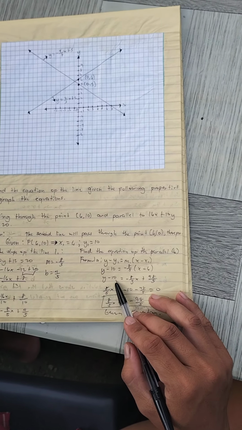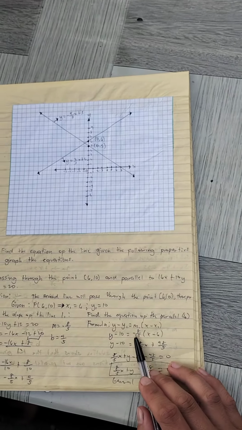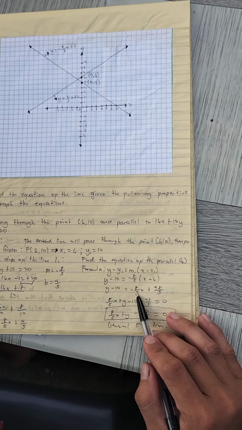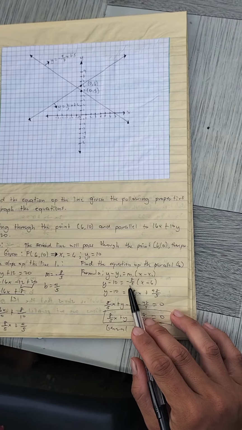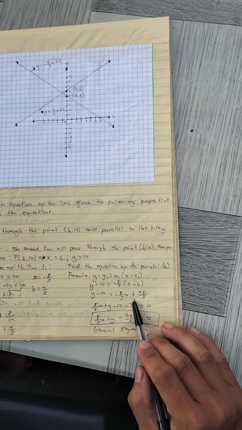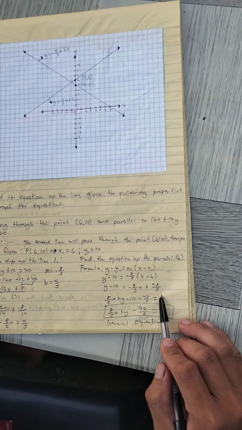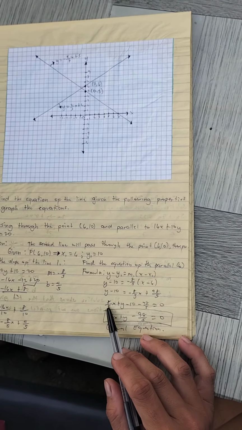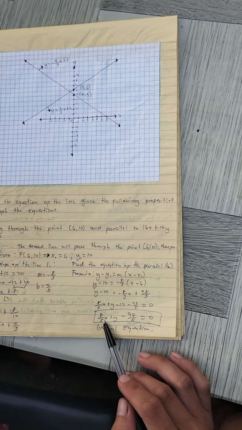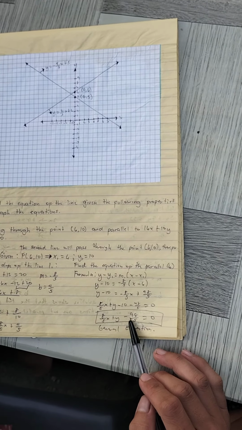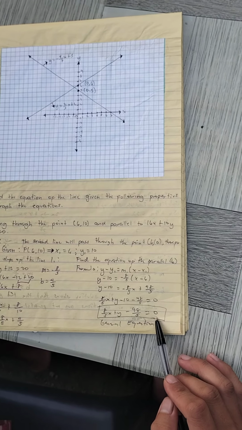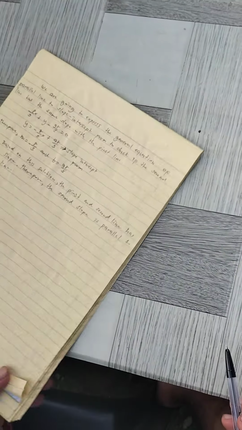Therefore, y minus 10 is equal to negative 8 over 5x plus 48 over 5. Because to move into a general equation, therefore 8 over 5x plus y minus 98 over 5 is equal to 0.